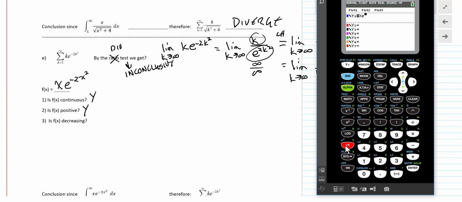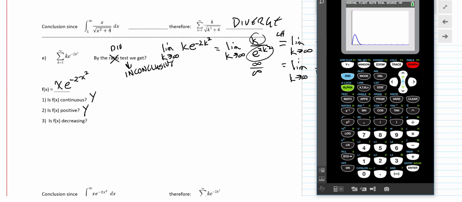So I'm going to graph e to the negative 2x squared in a standard window. I'm actually going to start the window from 0 to 10 or something like that, just like the first 10 terms of the series. Okay, so that looks pretty good.